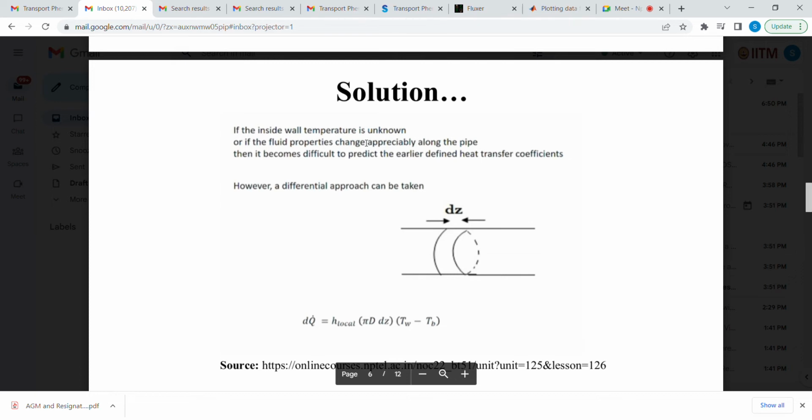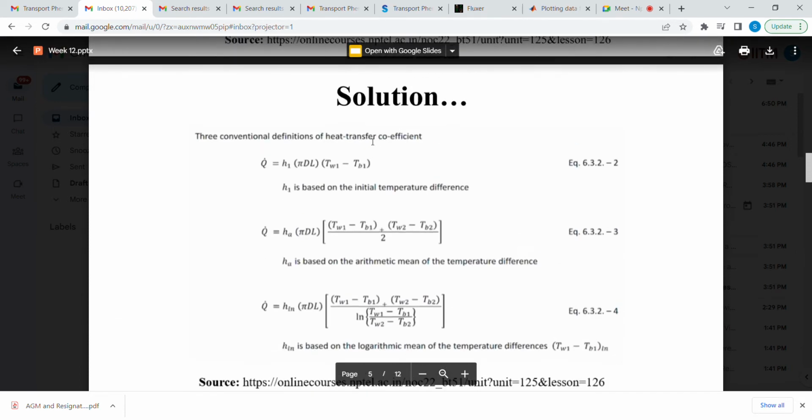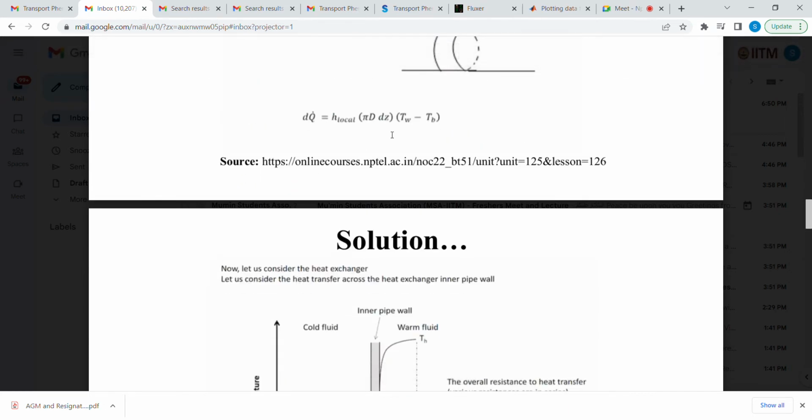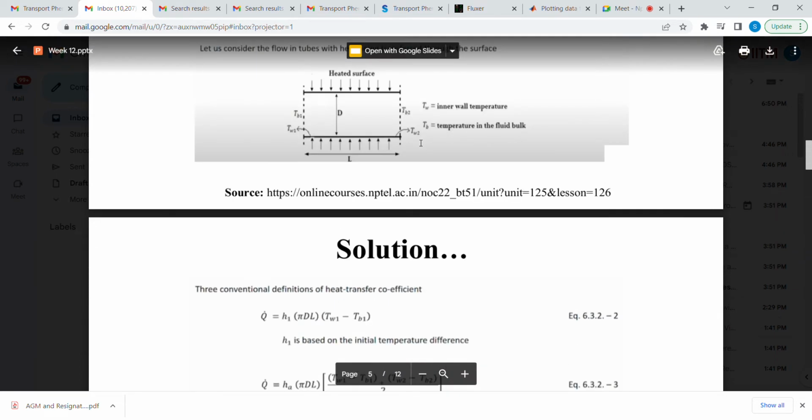So basically what we are going to do is go to our friend calculus, and take an infinitesimal piece of the pipe with a thickness dz, and rewrite this equation in terms of this. So basically dq dot equals h local times pi d dz times (Tw minus Tb).